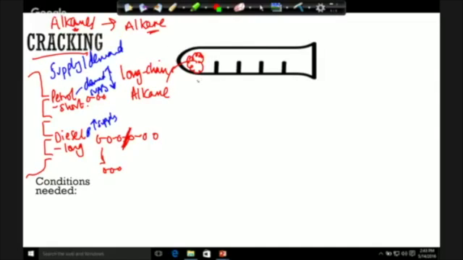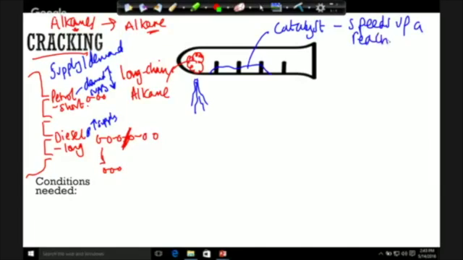So what happens is you would heat this up and you would allow the vapors to run over a catalyst. You'll see a catalyst in a few reactions in this C1 topic, and they are something that speeds up a reaction without being used up. So they're not actually reacting with the alkane, they're just allowing the reaction to happen faster.